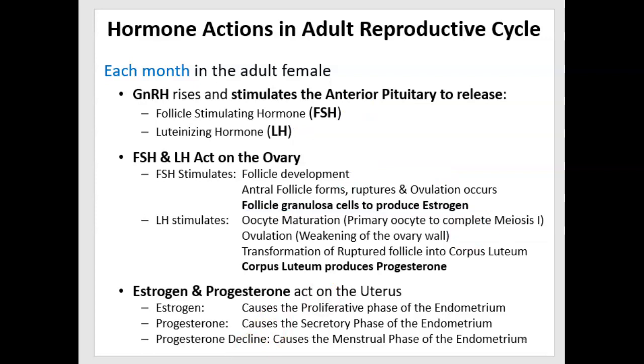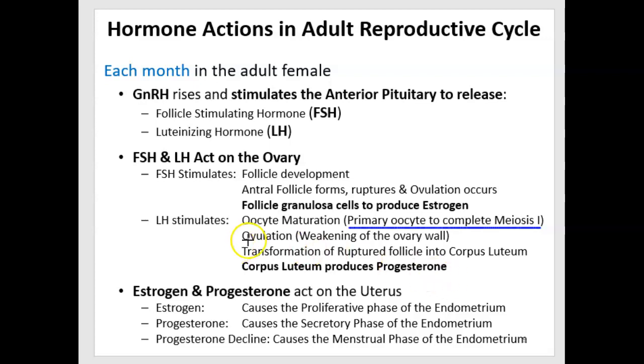LH stimulates oocyte maturation. FSH doesn't really do that. Oocyte maturation, versus development of the follicle, involves a primary oocyte, not follicular cells. The primary oocyte, in response to LH, will complete meiosis I and begin meiosis II.